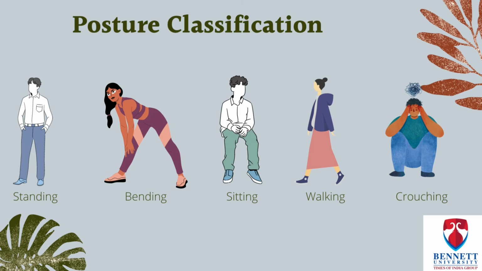The SVM classifier also supports multiple class problems by computing the hyperplane between each class and the rest. Here, we used an SVM with a linear kernel since it outperformed other classifiers. The postures are classified into standing, bending, sitting, walking, and crouching positions.